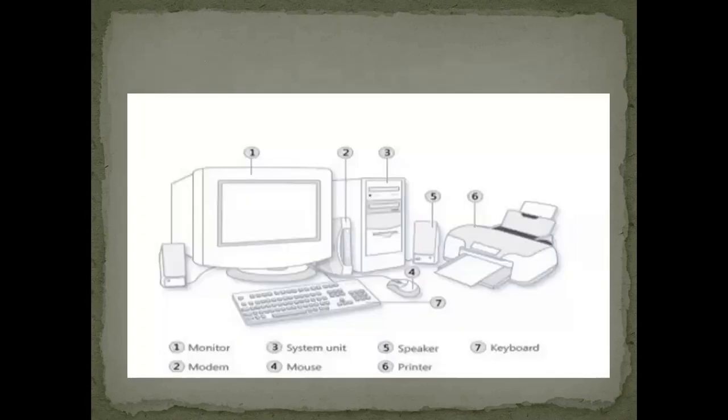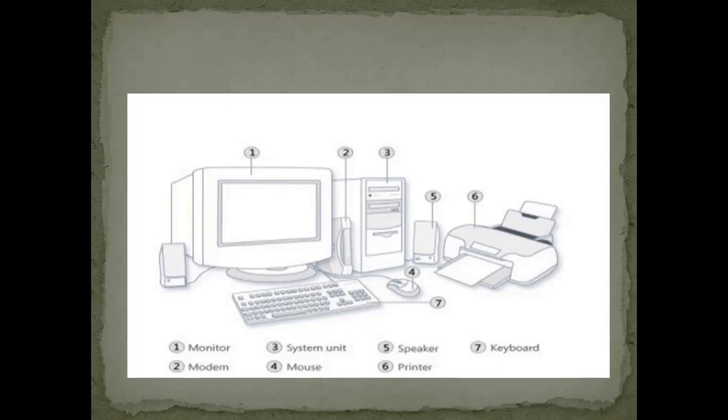See the diagram. In this diagram, the first one is a monitor. The second one is a modem, which we can use for network communication purposes. Then the system unit with the CPU. The fourth one is a mouse, an input device. The fifth one is a speaker, an output device.